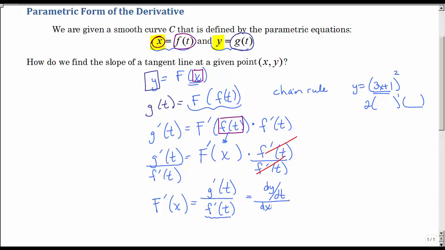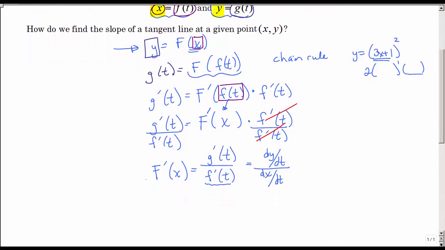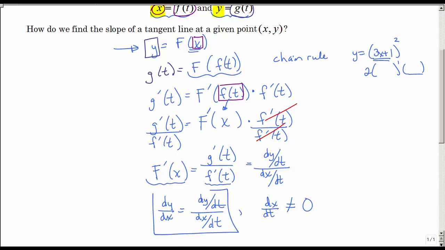This is the derivative of x with respect to t. Remember that y was a function of x, that we used capital F. So now we can replace this notation with dy dx equals dy dt over dx dt. And of course we have to say that the derivative of x with respect to t cannot equal 0, because we don't want to divide by 0. But that is your first derivative of the parametric equation.